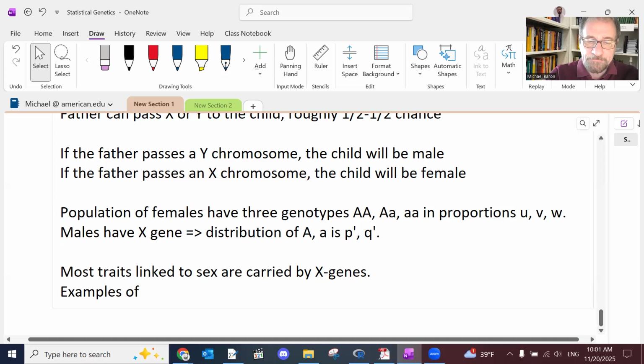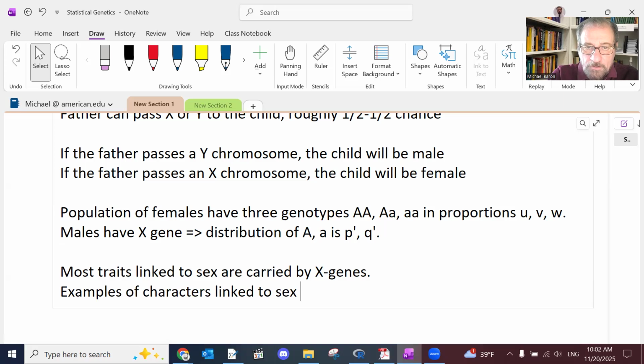Examples of characters linked to sex are hemophilia. What is hemophilia? It's a disease where blood does not clot. So if a person with hemophilia has a cut, they start bleeding, and it's difficult to stop this bleeding.